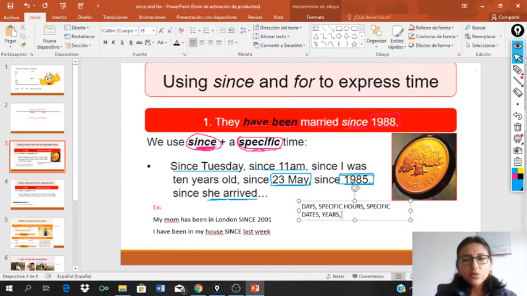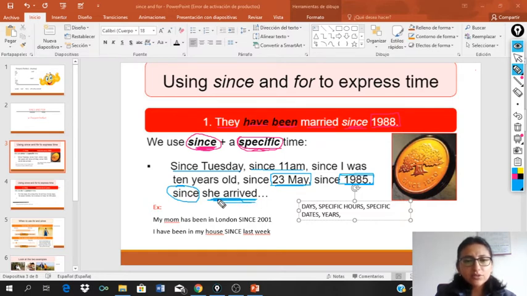And also, we use since at the beginning of a sentence. For example, in this case, since she arrived, desde que ella llegó, okay? We can use it also for past, okay?